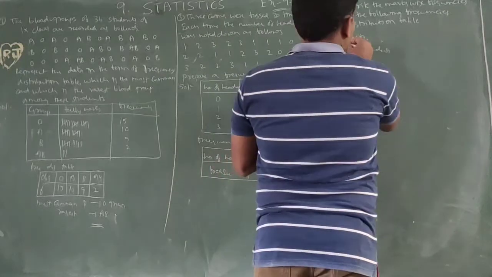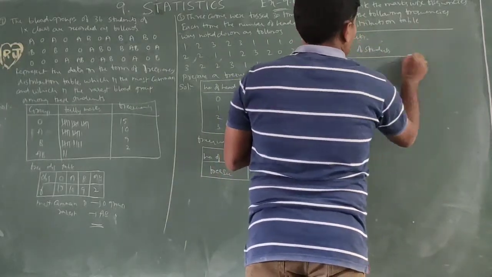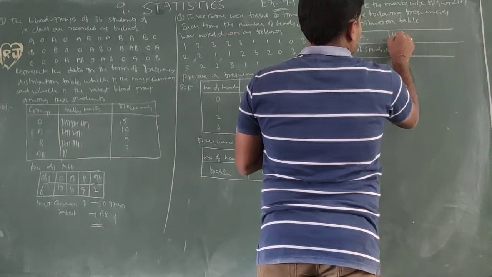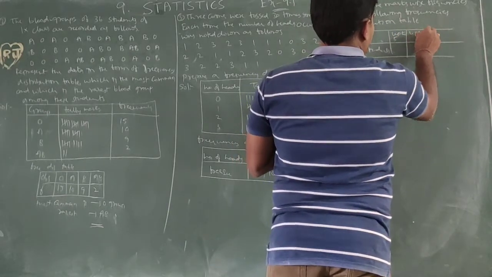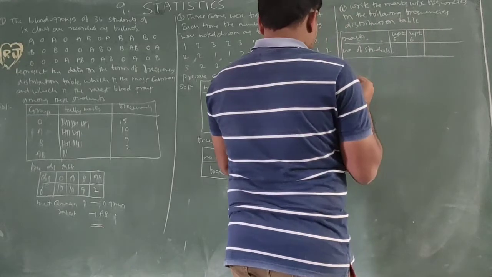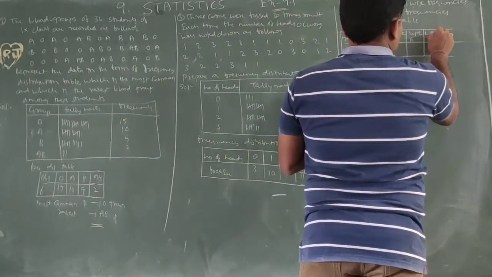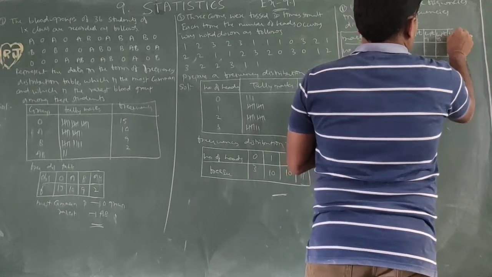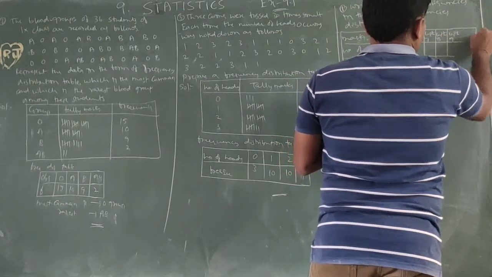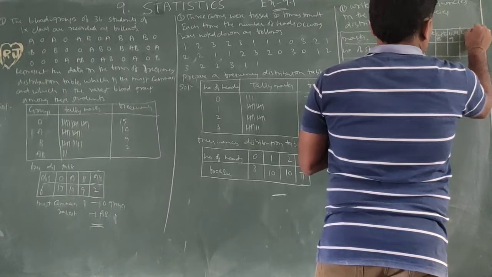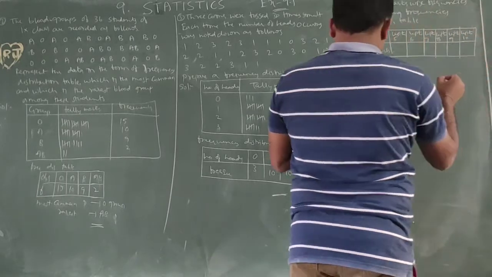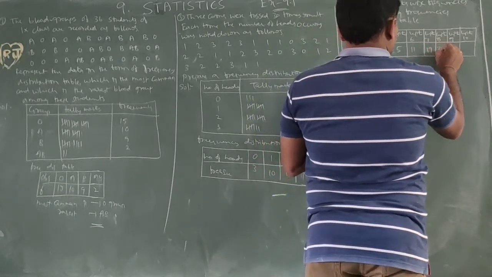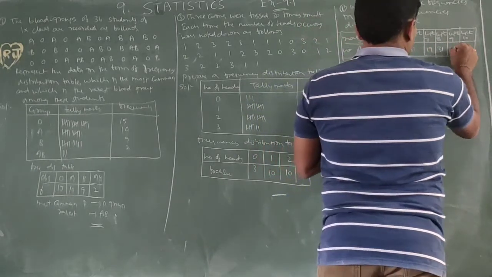So up to 5, up to 6, up to 7, up to 8, up to 9, up to 10: 5, 11, 19, 31, 40, 45.